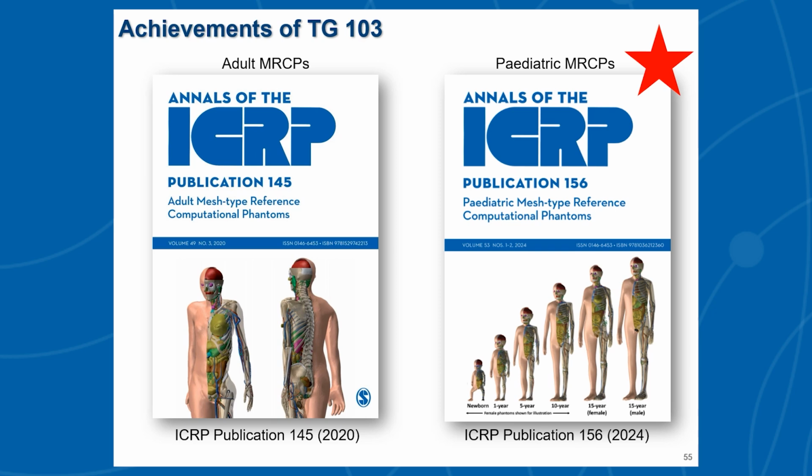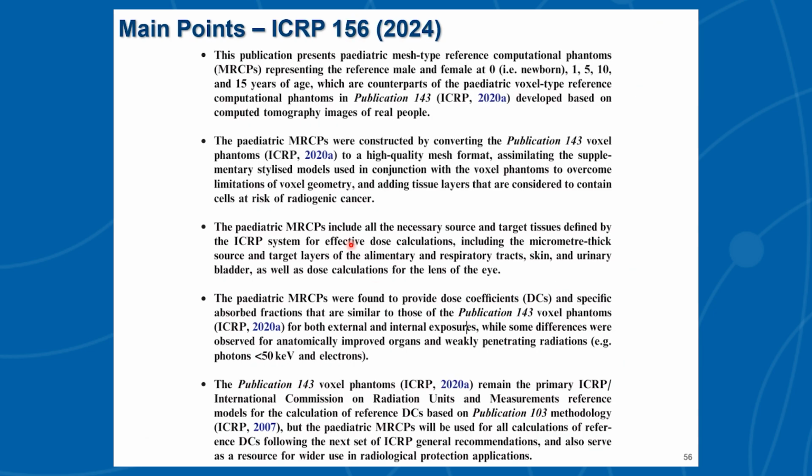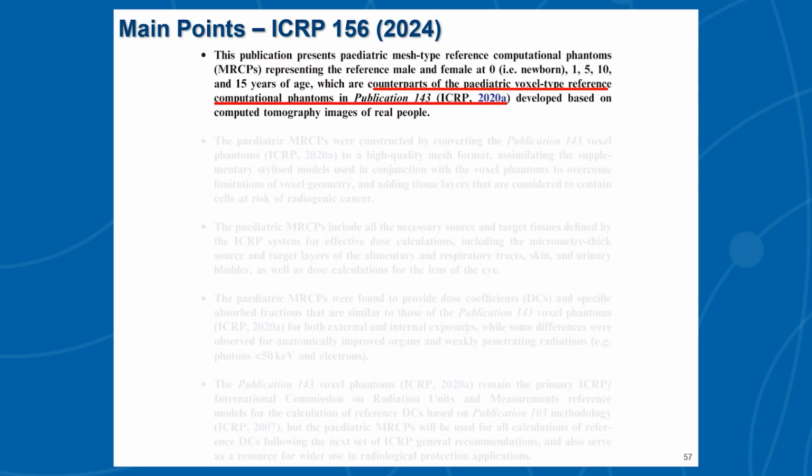These are the main points of Publication 156. The first: the ICRP 156 pediatric mesh phantoms are the counterpart of the ICRP 143 pediatric voxel phantoms.